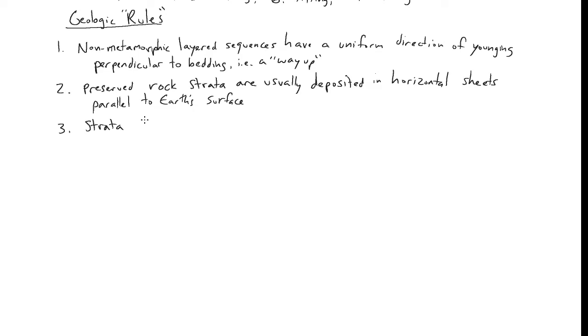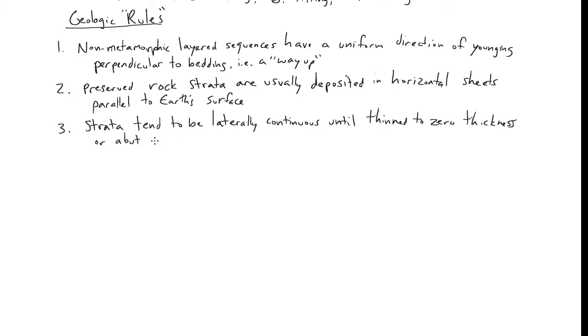Number 3, strata, so these rock layers, tend to be laterally continuous. Until thinned to 0 thickness. Or abut an edge of a depositional basin.